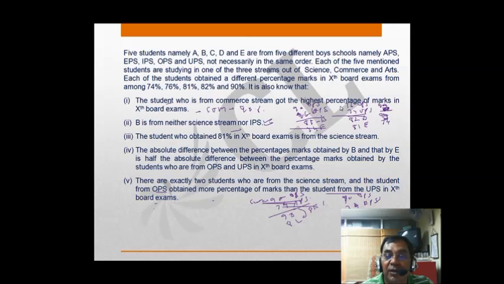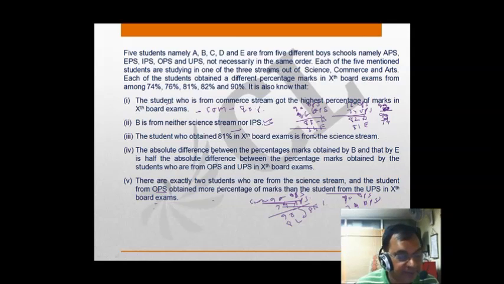Okay, 81, 90, if E, so every time it is 90, so it has to be from OPS. So 90 will always be the guy who is from OPS, because in the category he has the highest marks, and therefore that will be the answer.